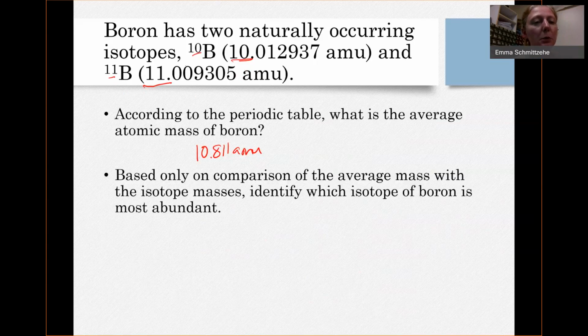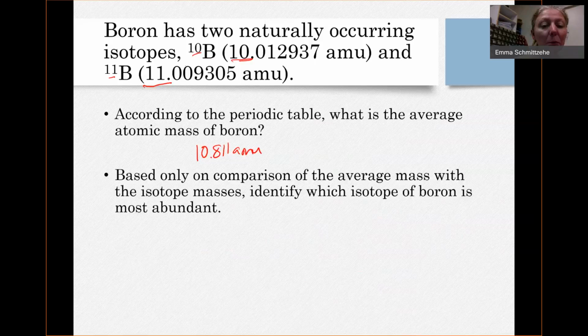It's pretty close. It's still a little bit off from that. But if any sample of boron contains a mixture of those, and on average it's around 10.8 AMU, you just look at that mass and think about which one it's closer to. Well, 10.8 is closer to 11 than it is 10. So that must mean that in a naturally occurring sample, you have more boron 11 atoms than boron 10. That's why the average mass is weighted more towards that 11.